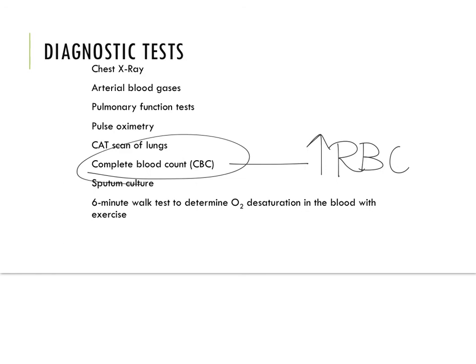Okay? The other one that I don't have on here is that they would check to see if the patient has the deficiency of the alpha-1 antitrypsin protein. So they might actually check to see if a patient has that deficiency or not. And I think that's it.